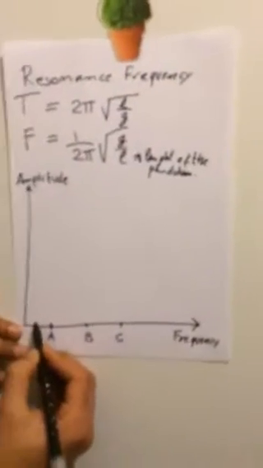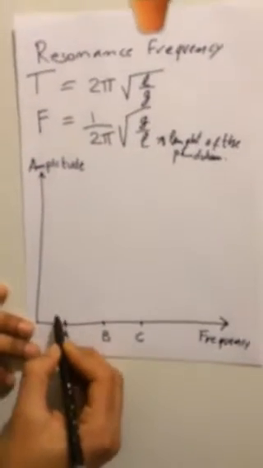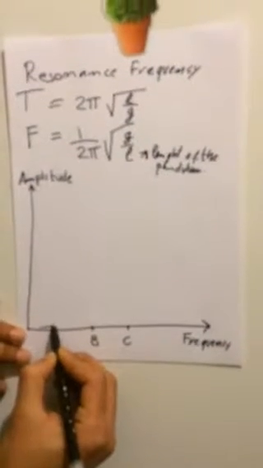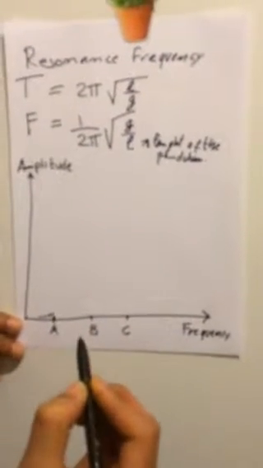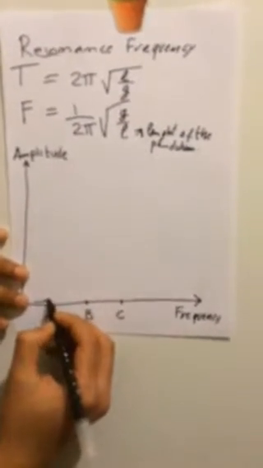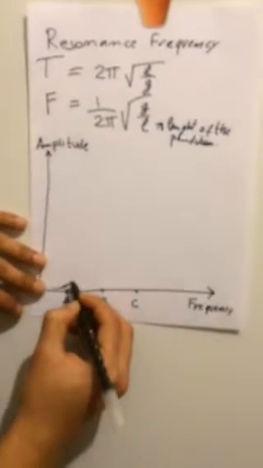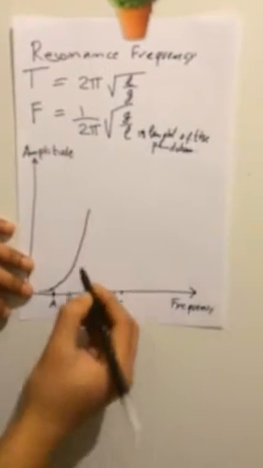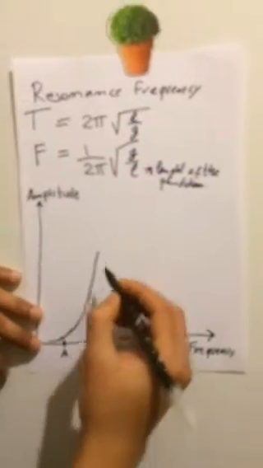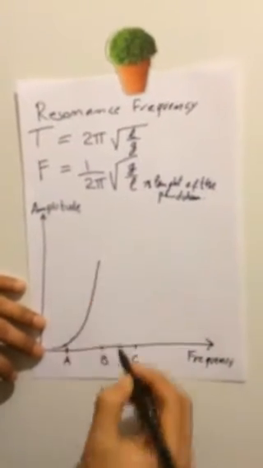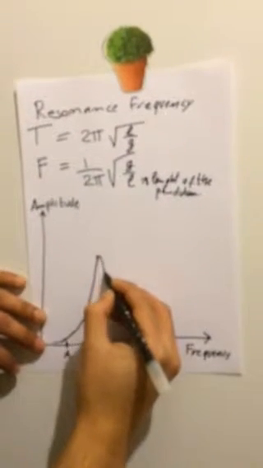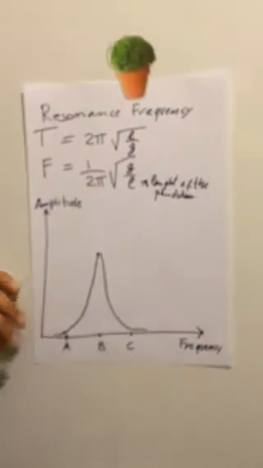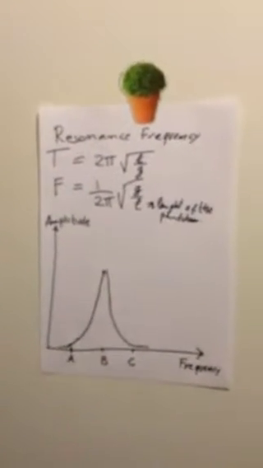And we can say that on the first pendulum we have only a slight reaction of the resonance, then the graph goes up, and we have the maximum reaction on pendulum B. And then it goes down on the last pendulum.